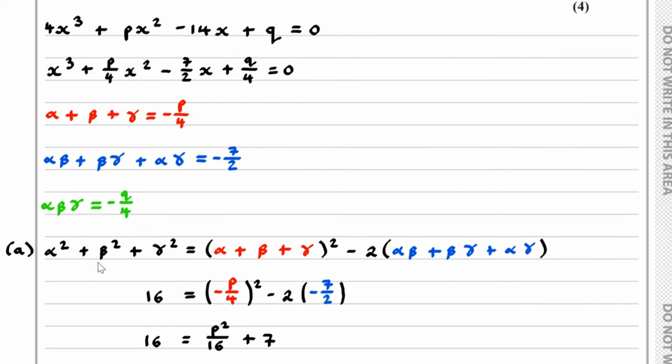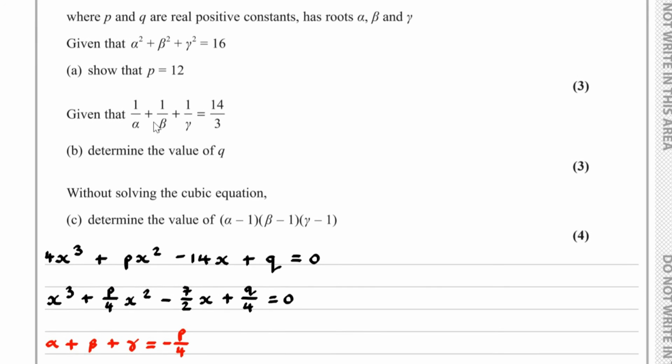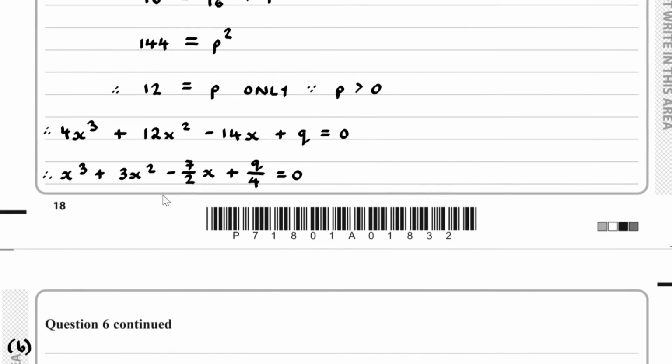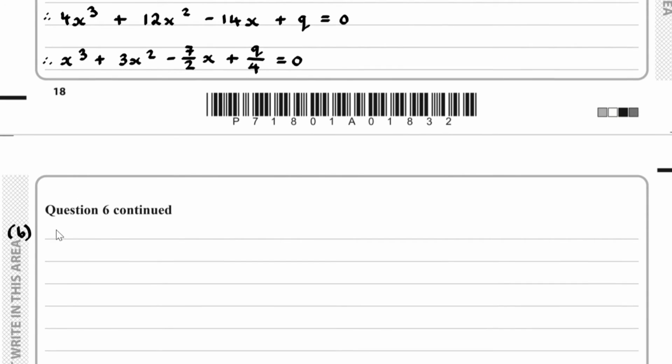And then for part B, if we have 1 over alpha plus 1 over beta plus 1 over gamma, well, let's just write that out. We have 1 over alpha plus 1 over beta plus 1 over gamma.